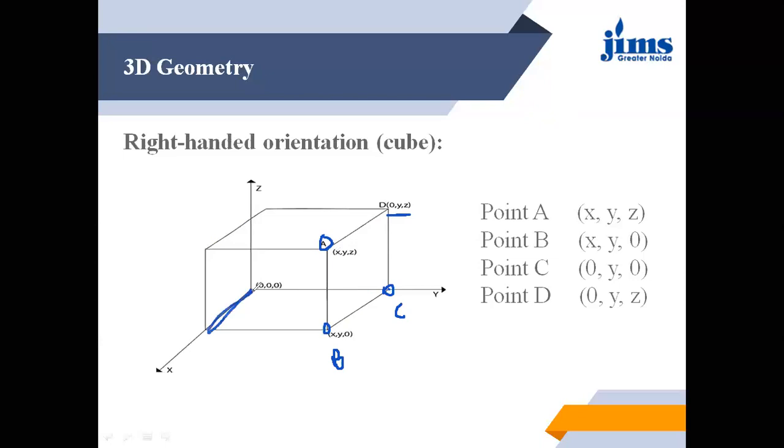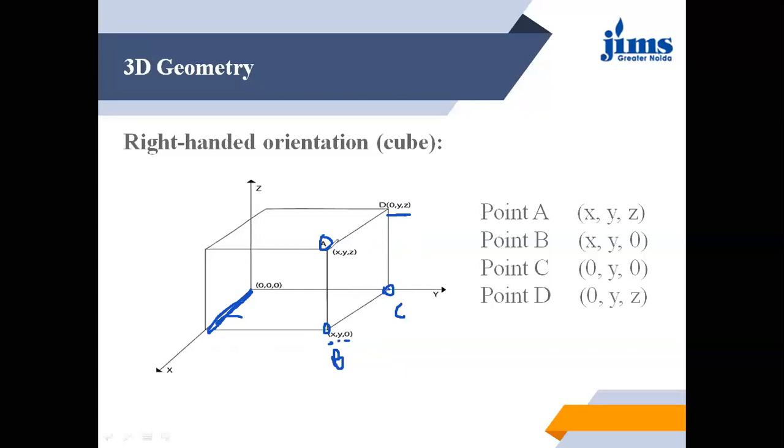Now we can understand from here that on the x-axis the distance is x, so the distance from the y-axis to this point is x. The distance of point B from the y-axis is y, and it lies on the x-y plane, meaning the value of z is 0.